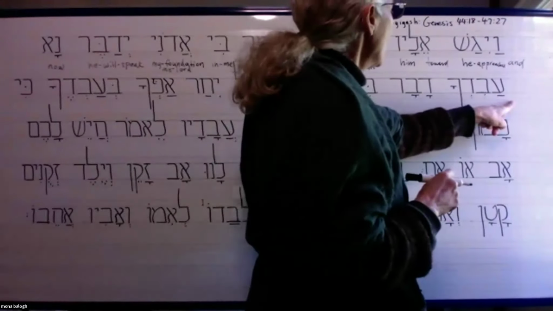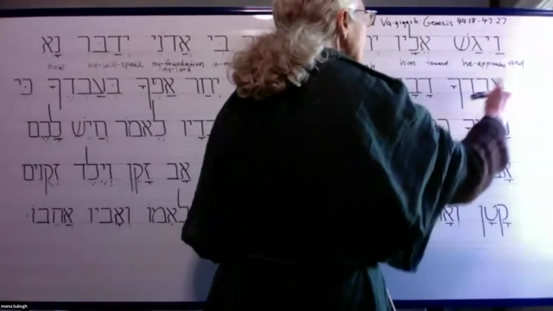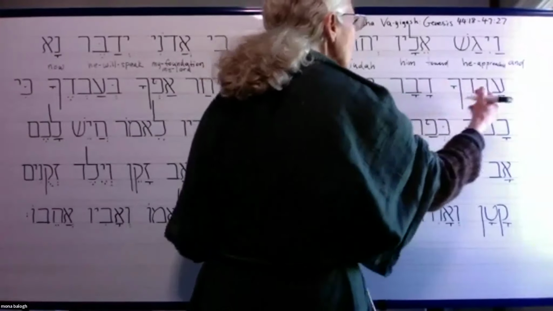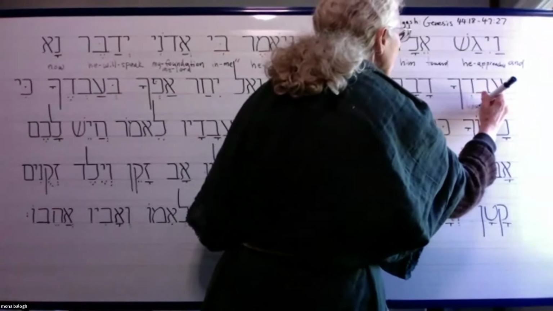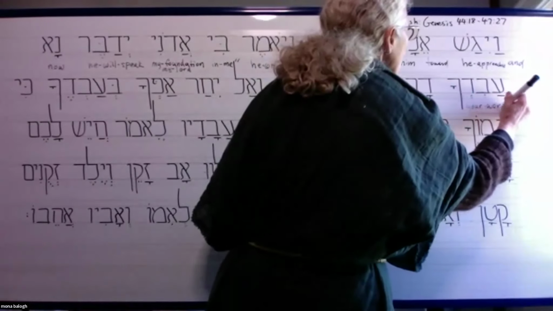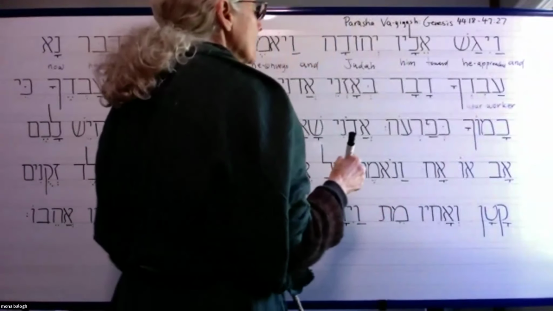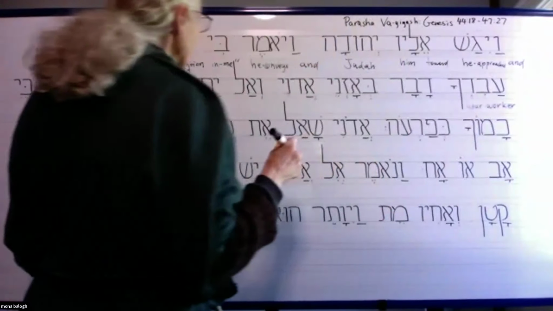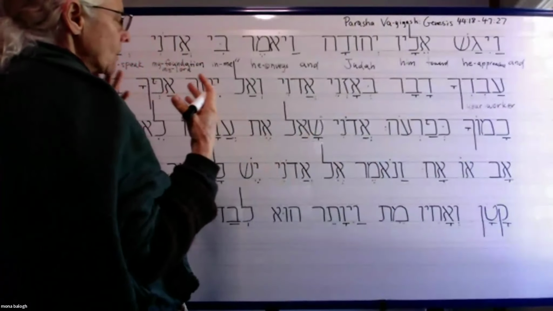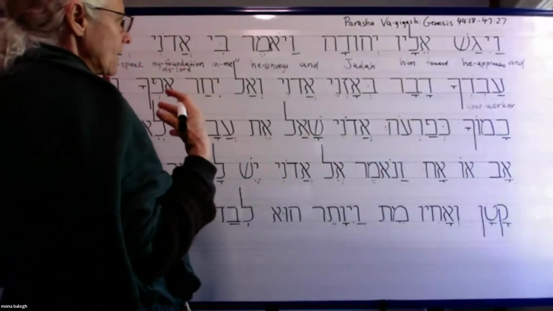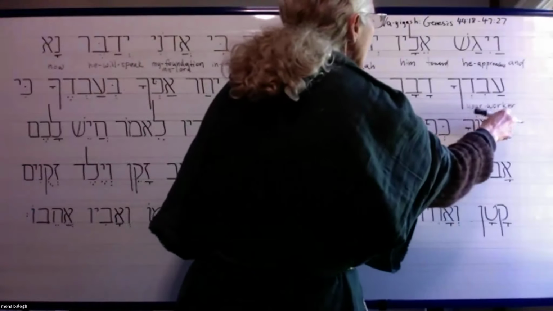Avdecha: eved is a worker, and cha is your. Your worker, sometimes translated as servant, but it's literally a worker. So he will speak. Judah is talking about himself. Weird biblical syntax. Your worker.